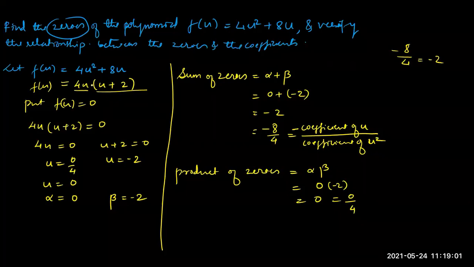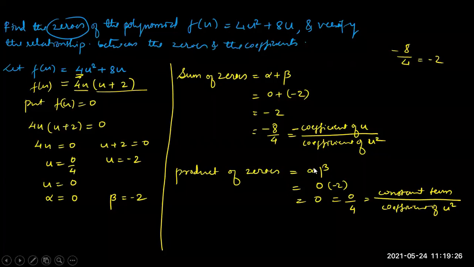The a term is 4 here, so we'll write 0 by 4. So constant term divided by the coefficient of u square. Is it clear? Yes, sir.